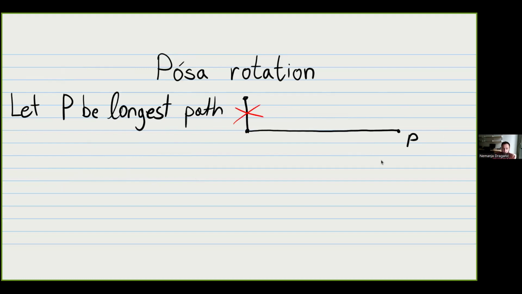Then one thing you can notice is that if you look at an endpoint and its neighbors, no neighbors can live outside of the path, because if you had a neighbor outside, you would have a longer path. Okay, so no neighbors outside, but let's say we are working in connected graphs, then I want to claim that also there are no edges between the endpoints of longest paths.